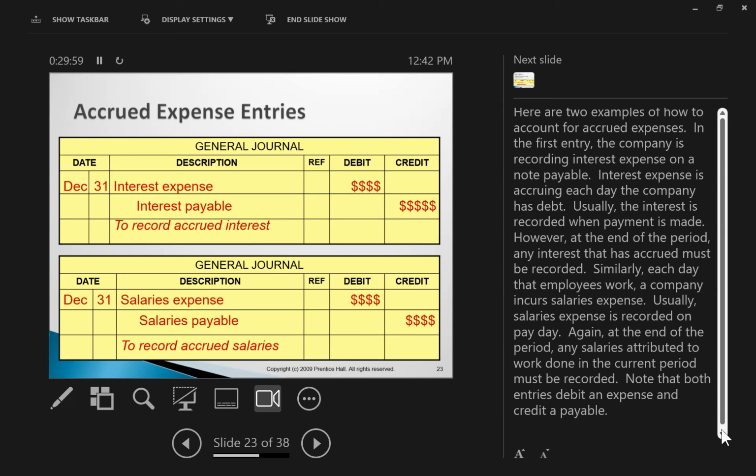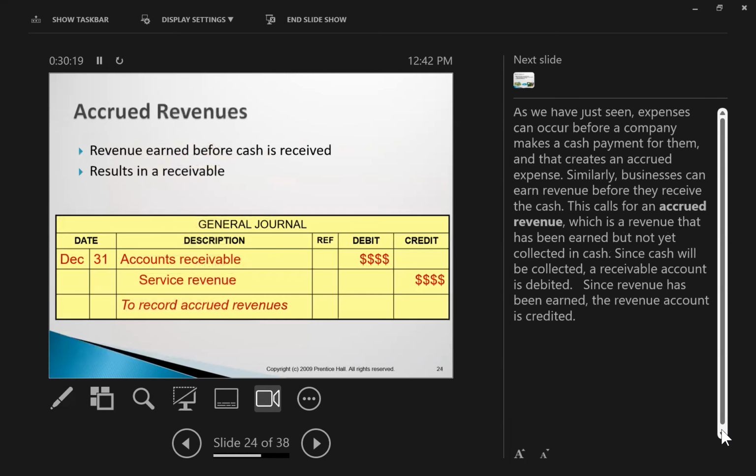When the interest comes due and we pay the interest, we'll get rid of the interest payable account because we don't owe it anymore. But those at least are on the books, and it acknowledges that we haven't paid them yet. So that's the importance of those.